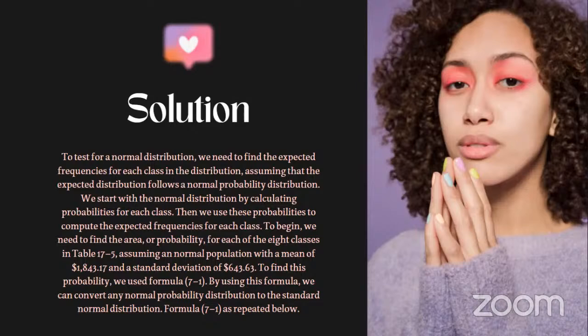To find this probability, we use a formula. By using this formula, we can convert any normal probability distribution to the standard normal distribution. Formula 7-1 as repeated below.